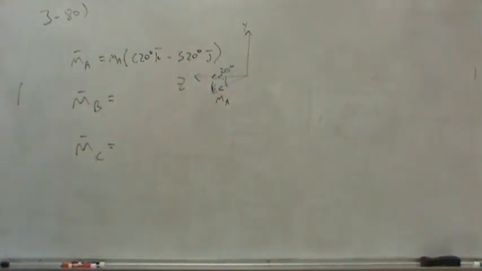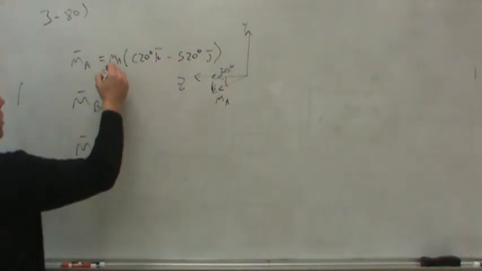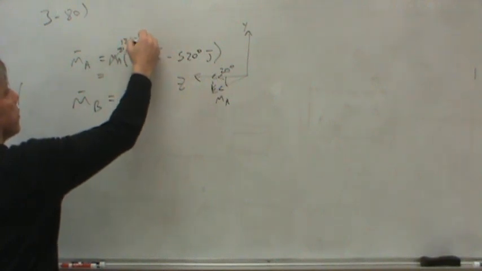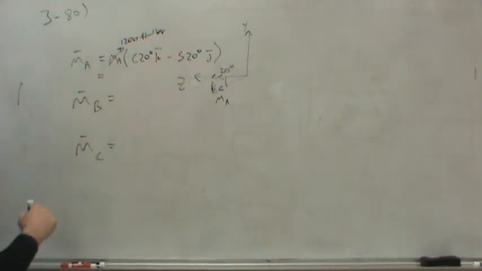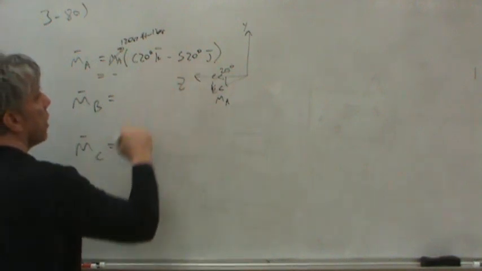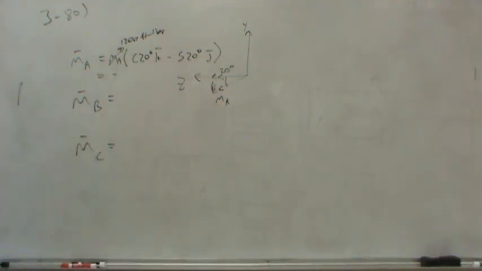Everybody see that? So we just need to replace this with 1,200 foot-pounds. What is 1,200 times sine of 20? Just give me a couple of decimal places.